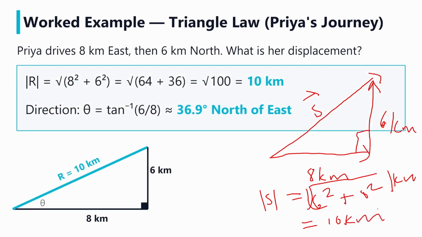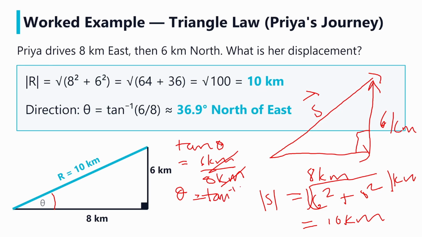And to find the direction, we have to use trigonometry. As you can see, if we take theta as this angle with the horizontal, we can take tan theta, which is equal to 6 kilometers by 8 kilometers, because remember, SOHCAHTOA, opposite by adjacent. Kilometers cancel out, and to get theta you have to take the tan inverse on both sides.